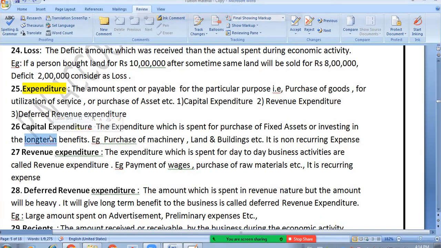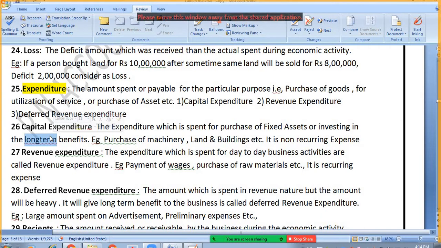Similarly, if I buy furniture for my household purpose, the amount spent for the purchase of furniture will give long term benefit for me and my family members, so that expenditure can be considered as a capital expenditure, right?